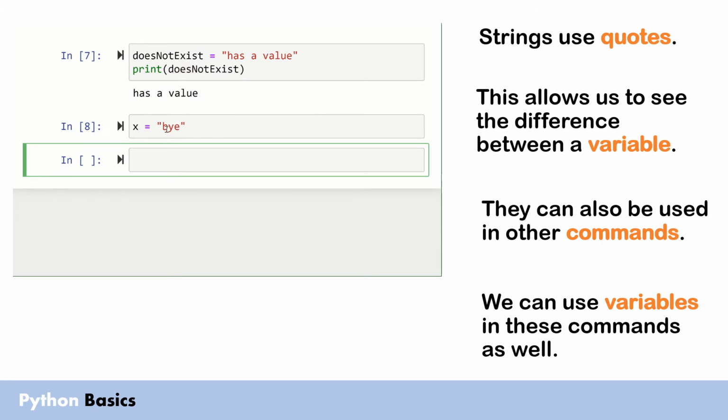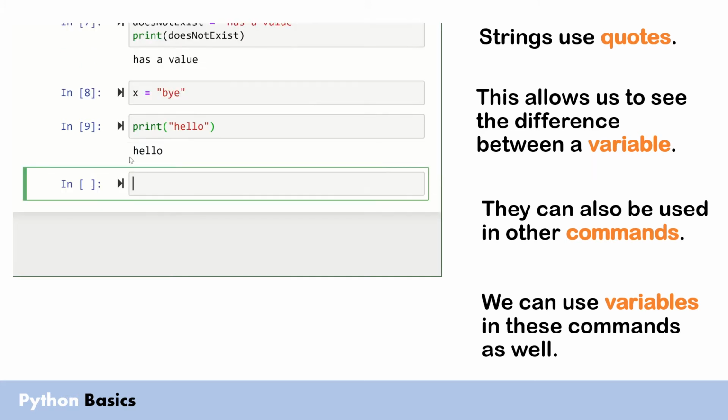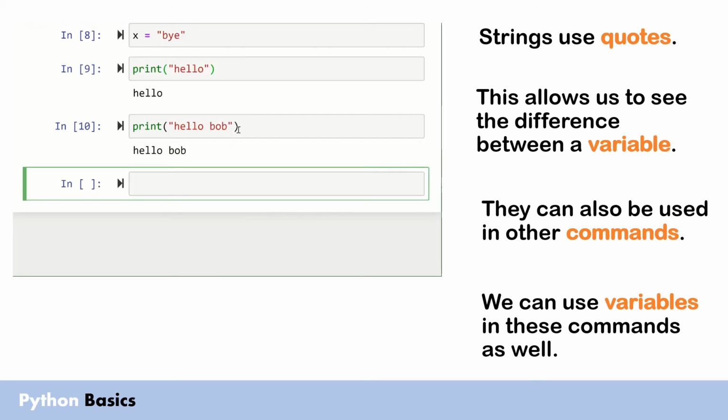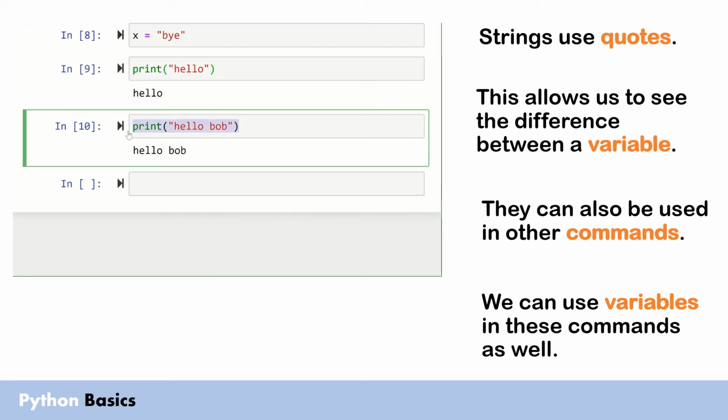So I can also use strings inside other commands. I can do this, print hello, and that'll print out the word hello. I could say print hello Bob, and it does the exact same thing. So hopefully you're very familiar with things like this already, because you've probably done it quite a lot of times.